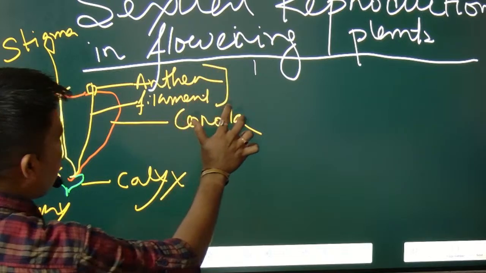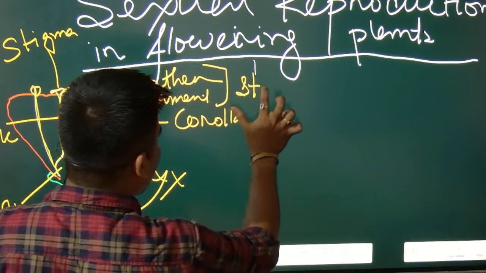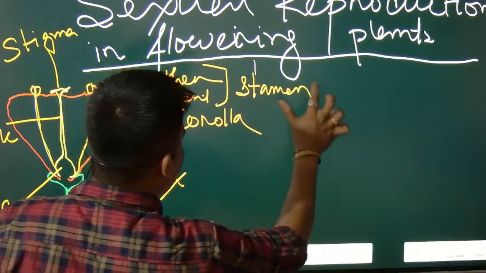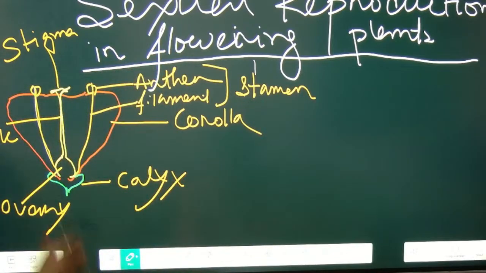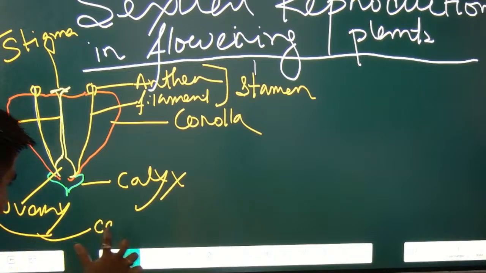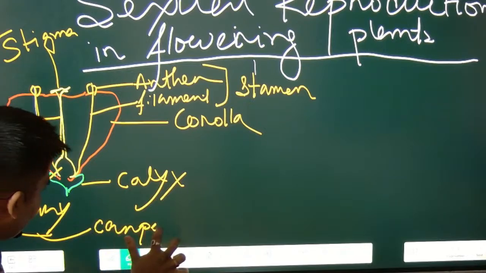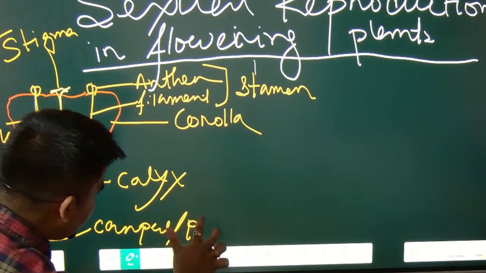And that together is called stamen. Okay. Stigma, style, and ovary together are called what? Carpel, or pistil. Okay.